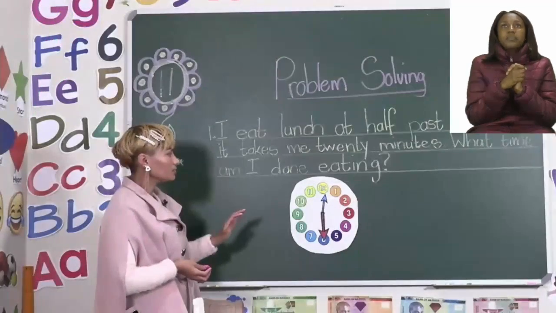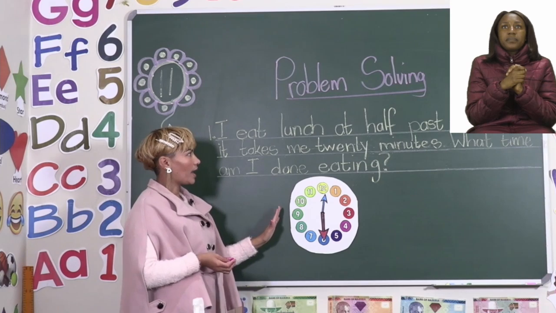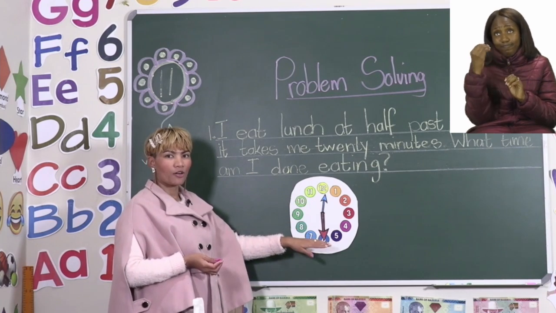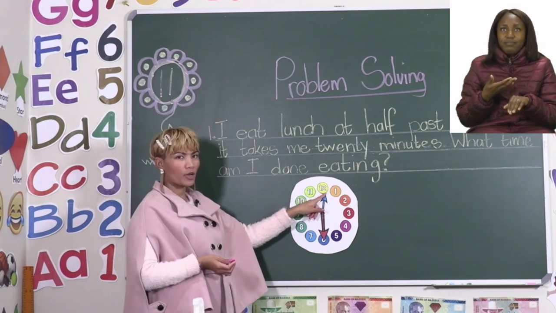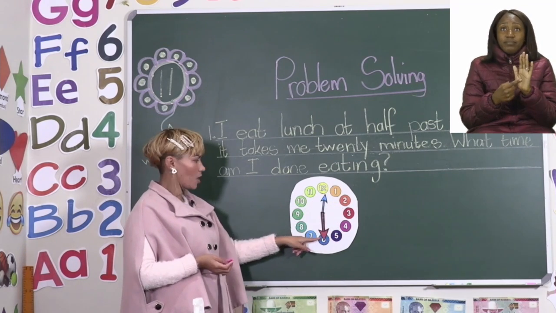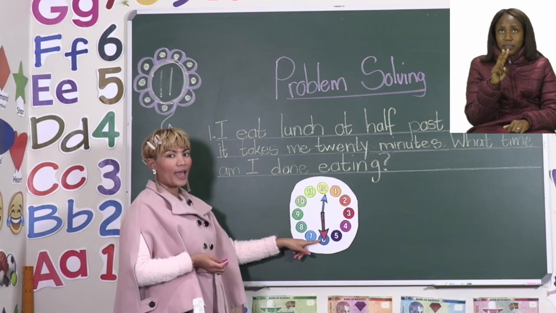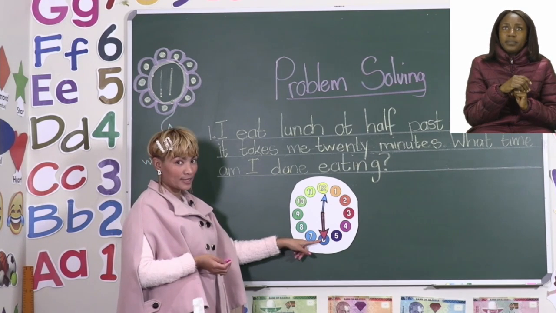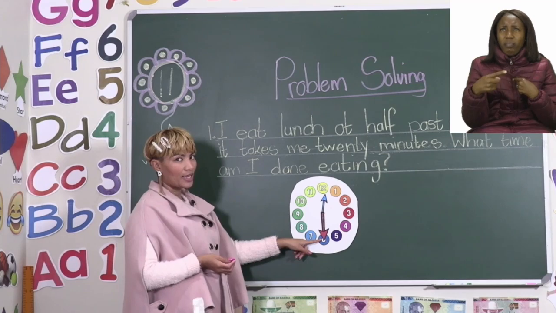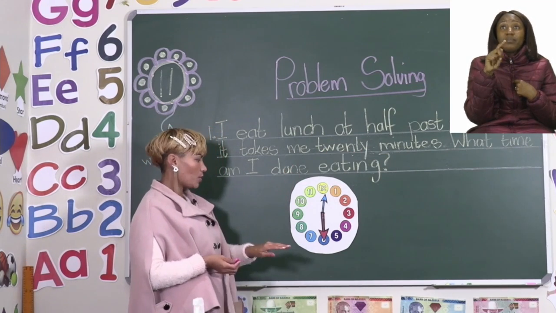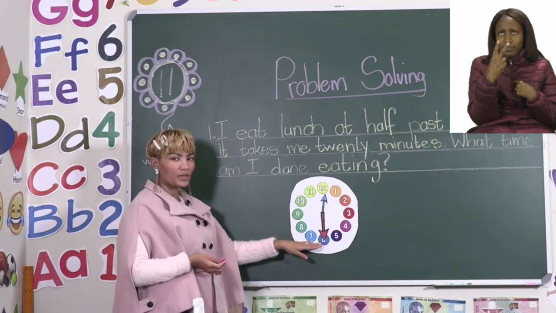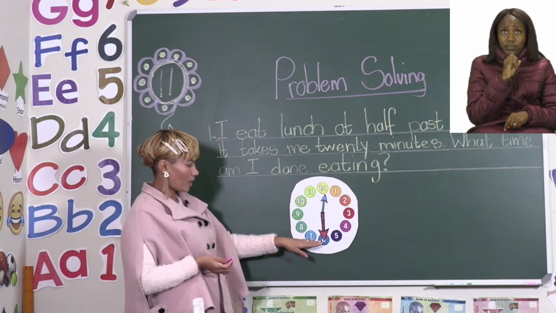Now, it says that I eat lunch at 12:30. Right, so our clock is now set at 12:30. And how long does it take me? It says it takes me 20 minutes. So let's count 20 minutes from 12:30.